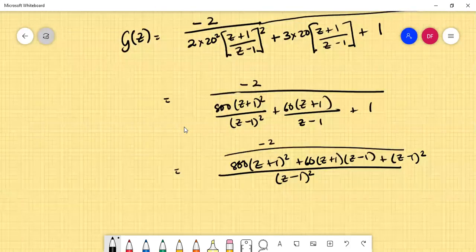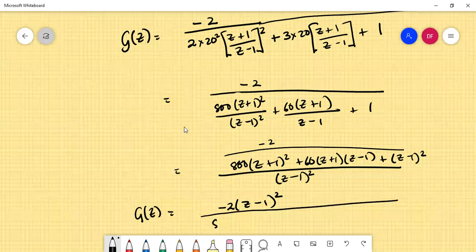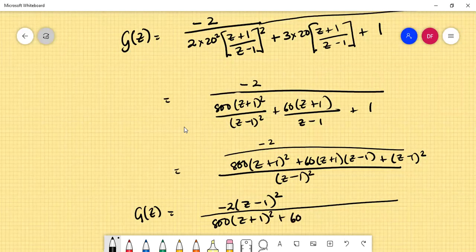So our G(Z) would be equal to minus 2 (Z minus 1) squared when we flip this all over 800 (Z plus 1) squared plus 60. We can multiply this out and we're going to get Z squared minus 1, the difference of two squares, plus (Z minus 1) all squared.